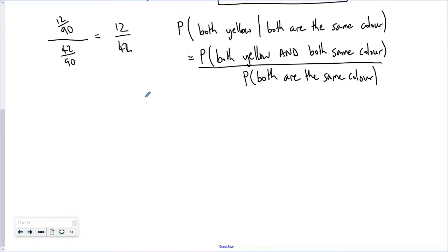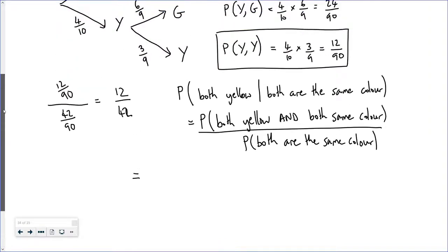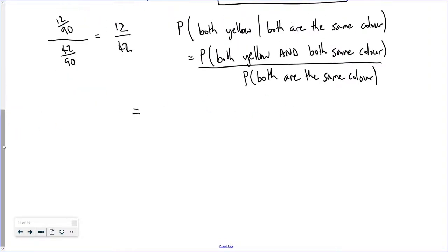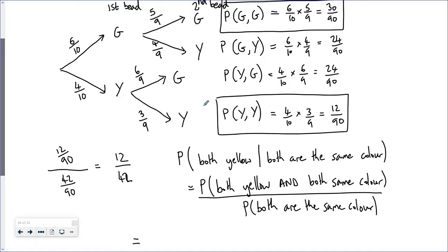Let's look at each of these probabilities then. So the probability of both yellow and both the same colour. Well, the condition that they're both the same colour is satisfied because they're both yellow. So saying that they're both yellow and they're both the same colour is just the same as saying that they're both yellow, because immediately we know that they're both the same colour.